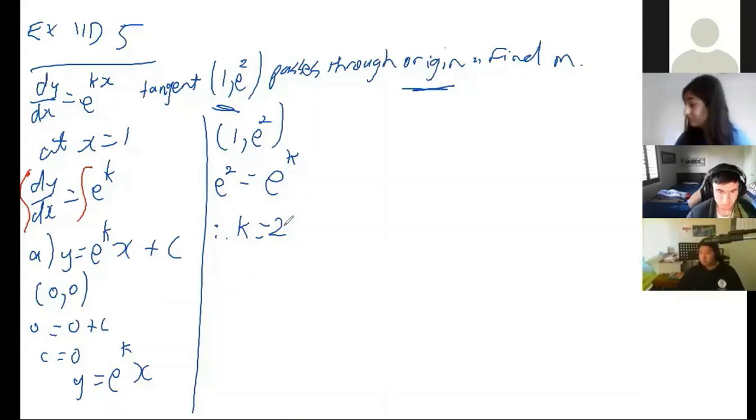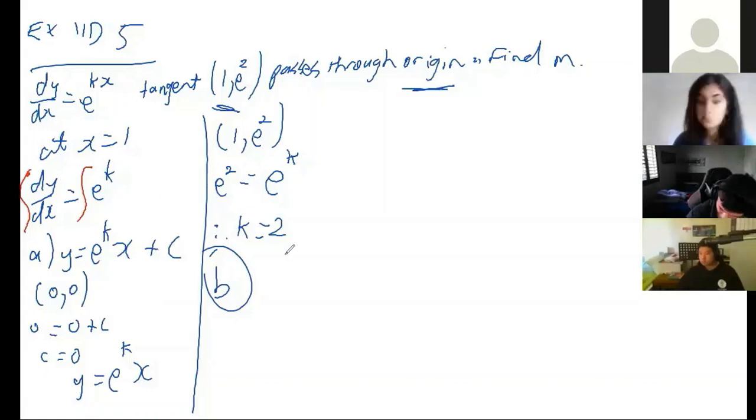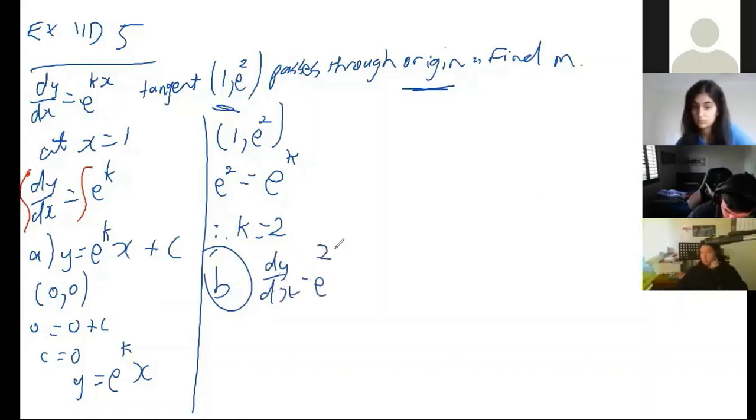Part B says the equation of the curve. So really I know my gradient, because now that I've worked out my k, dy/dx equals e to the 2x. So I'm going to integrate it.